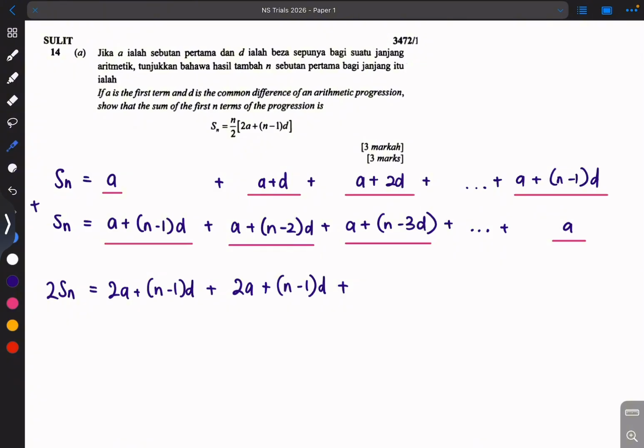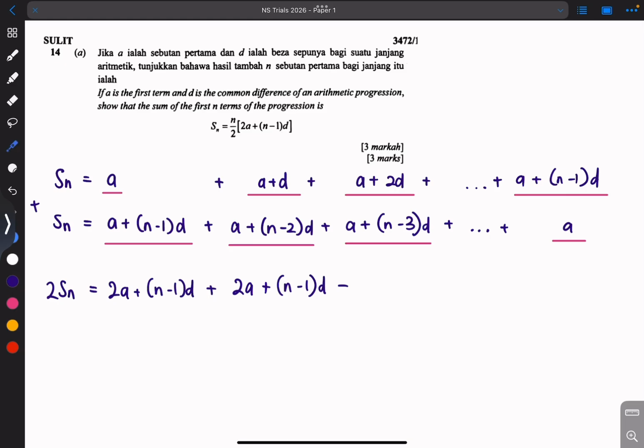Then here we have a plus a again, which is 2a. N minus 3d, this is plus 2d. Okay, I think here I wrote wrongly. The d should be outside. I don't know why I wrote inside. N minus 3d.